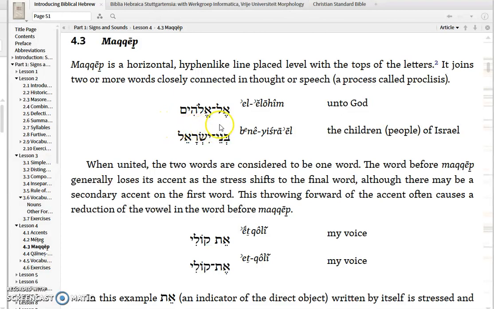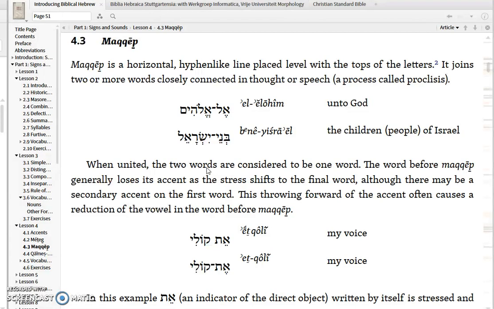And in this particular case, it's connected together, El Elohim, with a makef connecting the 2. Now, what this essentially means is that there is one accent governing both words. So even though there are 2 words there, it's treated as if it were one word as far as the accent goes. So it's not El Elohim, it's El Elohim.